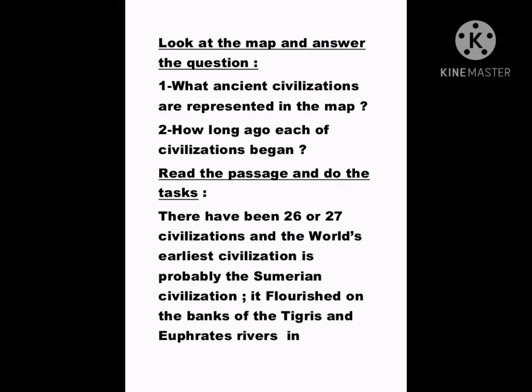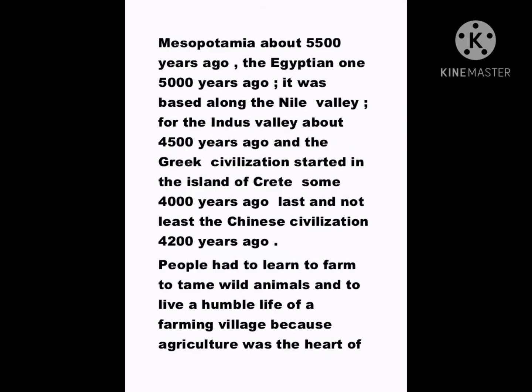So this is the first part of the passage. It speaks about the different civilizations in the world, and the earliest one, according to the historians, is the Sumerian civilization that flourished on the banks of the Tigris and Euphrates rivers in Mesopotamia about 5,500 years ago.